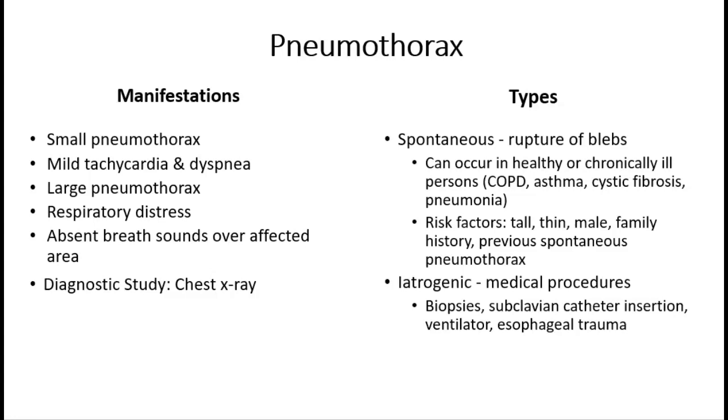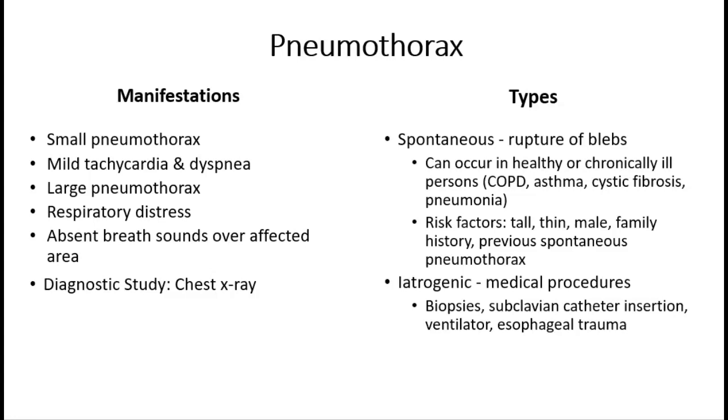All right, so this kind of backs up a little, but the signs and symptoms we see on a pneumo really depend on how big the pneumothorax is. So a small one, the person may be completely ambulatory, heart rate increased, maybe a little shortness of breath. But a large pneumothorax, the person will be in respiratory distress.